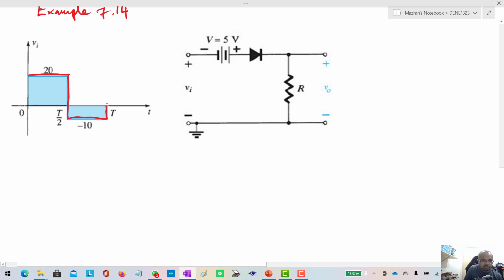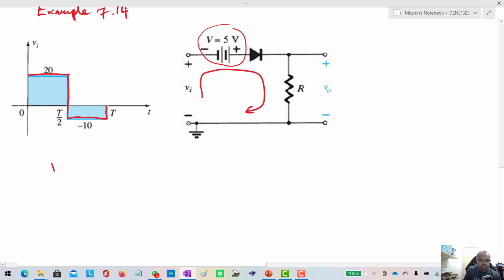It's a square wave, but positive and negative are different. And the circuit is the same as before. It's a 5 volt DC supply there, diode, V in and V out.